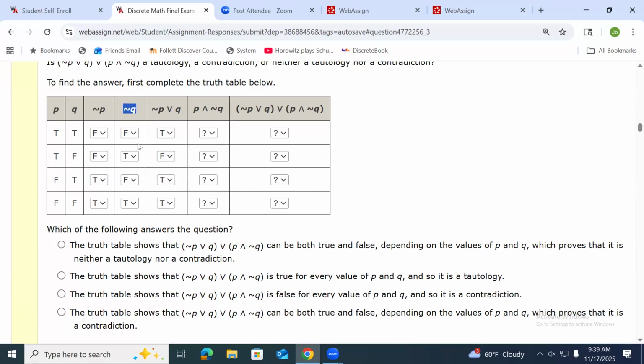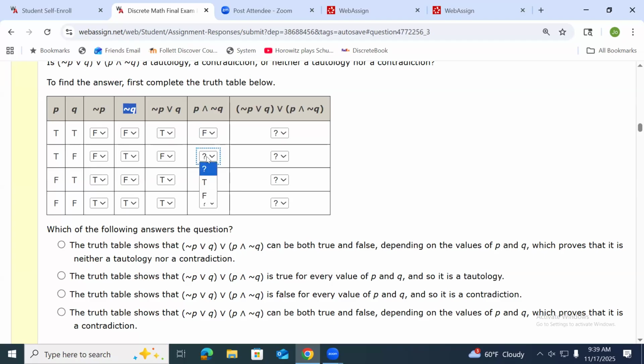And P and not Q, both of them are true only once. So that one's only going to be true on that particular line. The other 3 lines are going to be false because they're not both true in any of the other 3 lines. So keeping that in mind, I'll let you tell me what to put for these 4 answers.